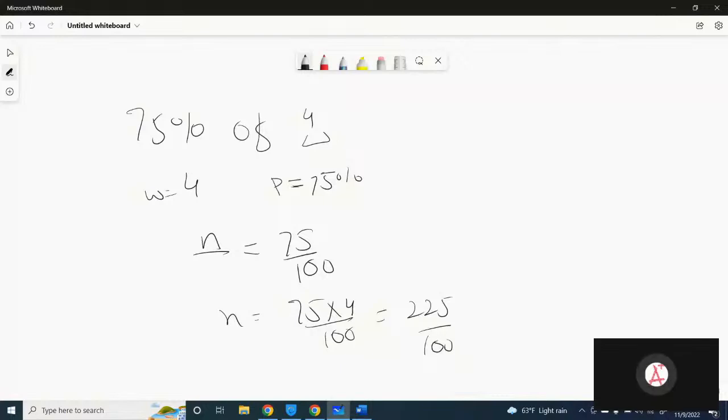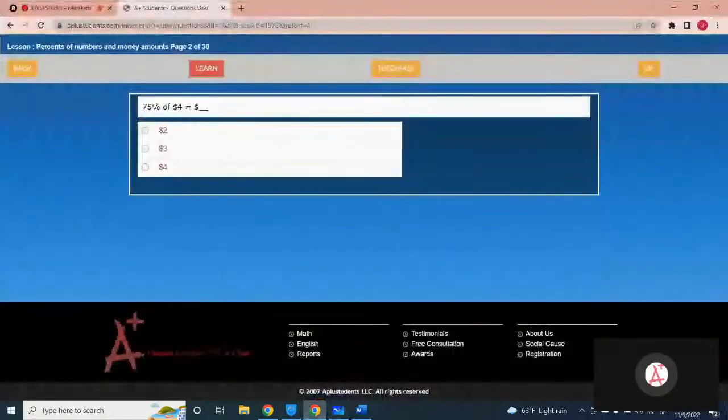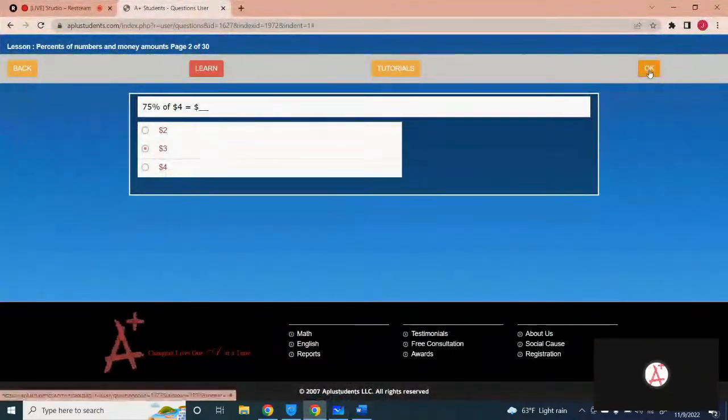Yes, it is 300. Got it? So you have to do 300 divided by 100. So it would be 3. Got it? That means 75% of 4 is 3. Just select the correct option and click on the OK button.